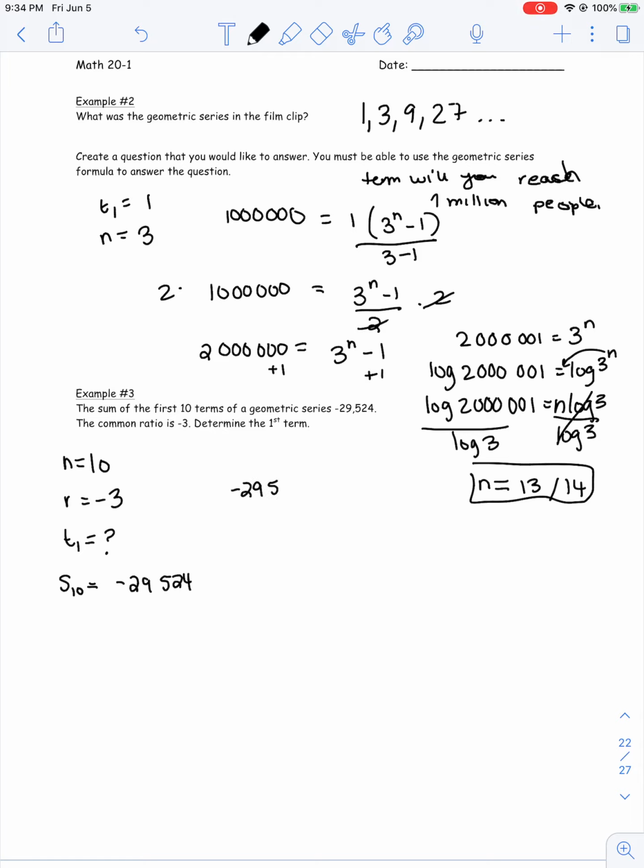So we're going to plug in -29,524, which is equal to T1 times (r to the power of n, which is -3 to the power of 10, minus 1), and we're going to divide that right side by -3 minus 1.